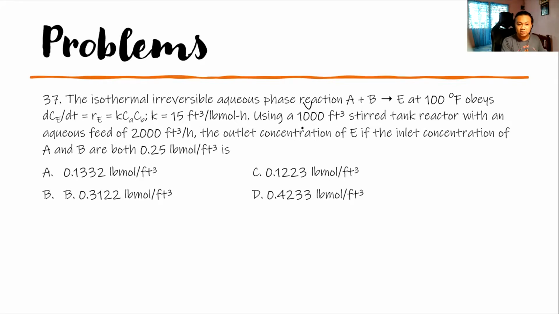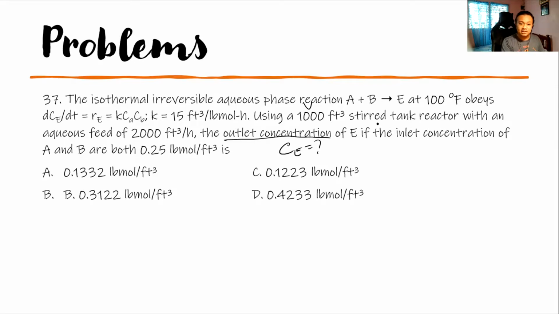So stirred tank reactor with an aqueous feed of 2,000 cubic feet per hour. So the outlet concentration of E and the inlet concentration of A and B are both 0.25. So we are asked for the outlet concentration of E, so CE. So CE ang pinapahanap sa atin.